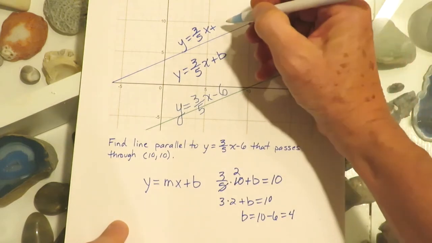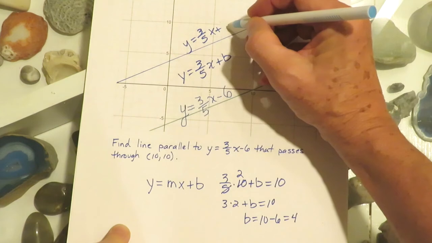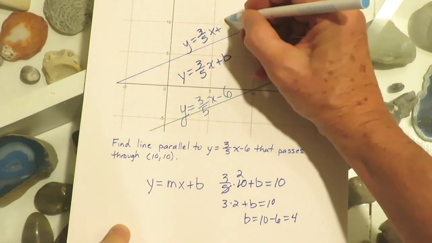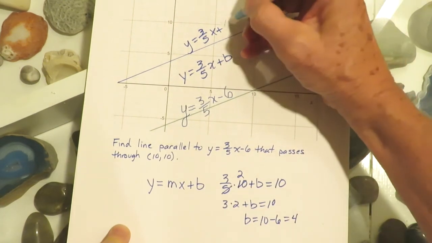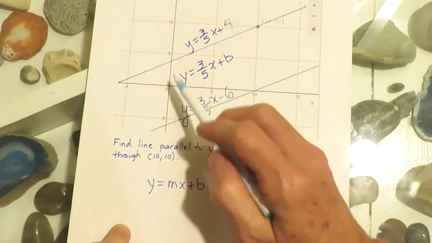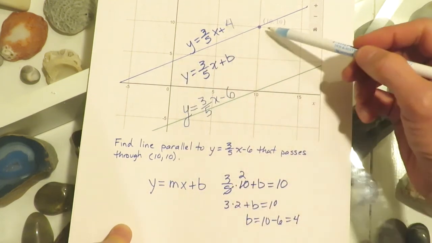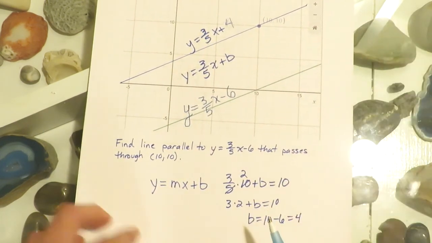So the equation of the parallel line that goes through (10, 10) would have slope 3/5 and a y-intercept value of 4. And notice if I connect the point (0, 4) with (10, 10), I can tell that line is parallel to the one that we started with.